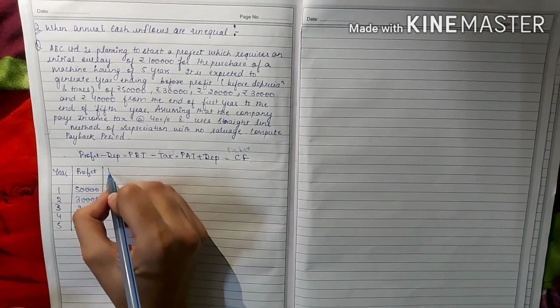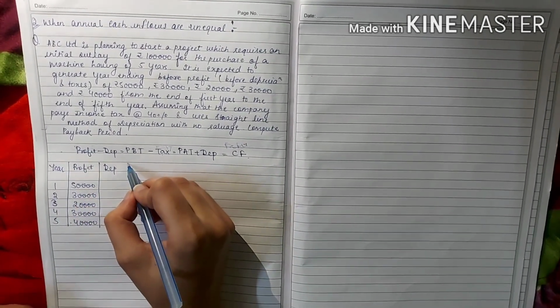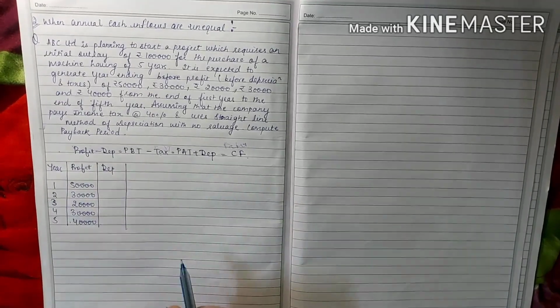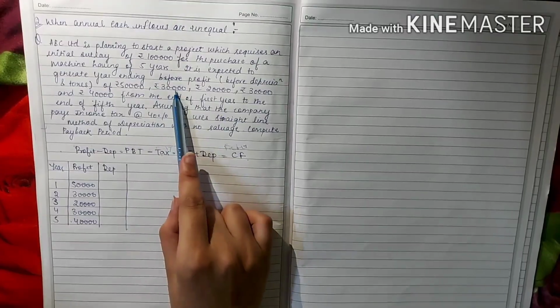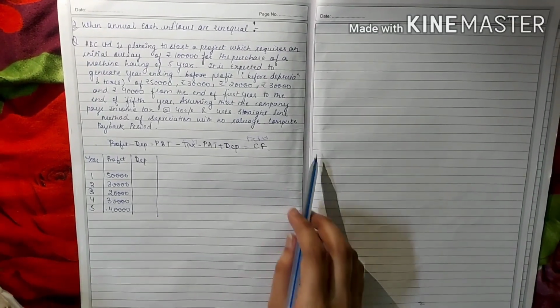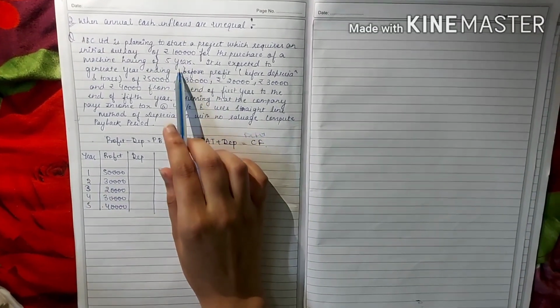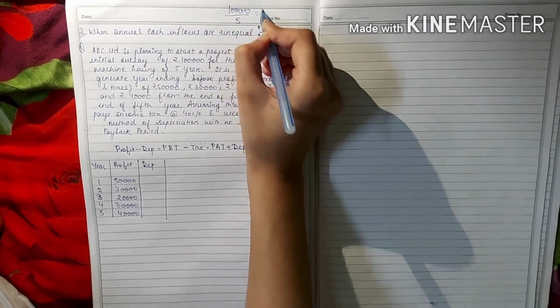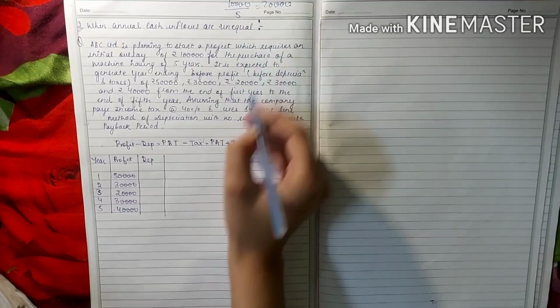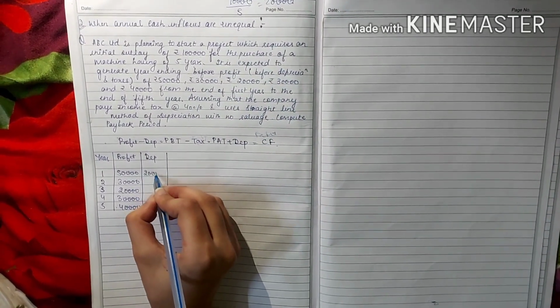Now we have to deduct depreciation from it. To calculate the depreciation, we have to divide the initial outlay by the number of years, that is 1 lakh divided by 5. So depreciation is rupees 20,000 for each year.